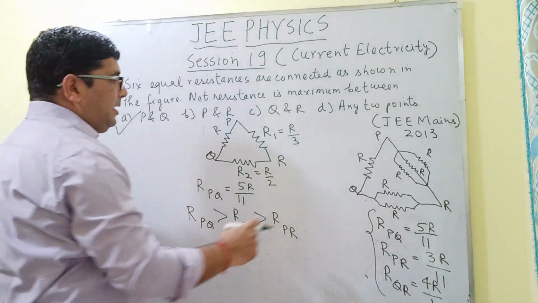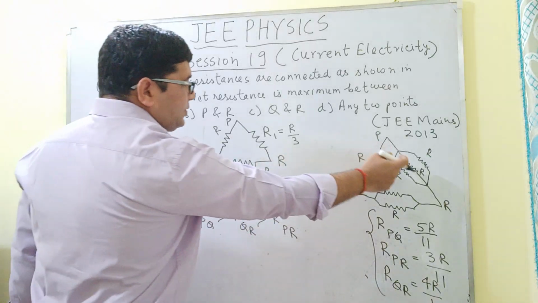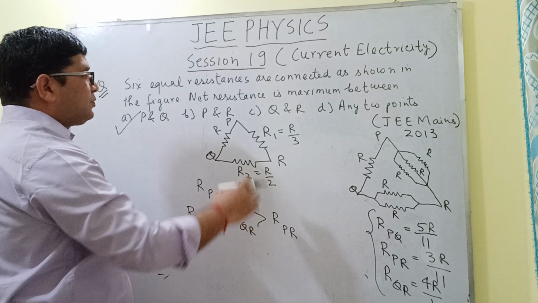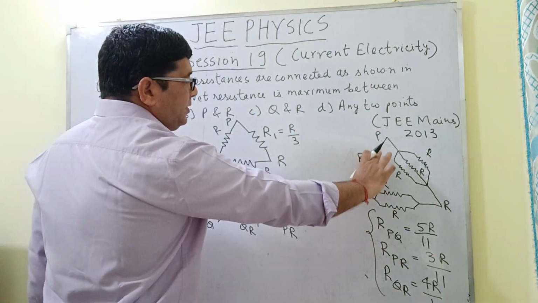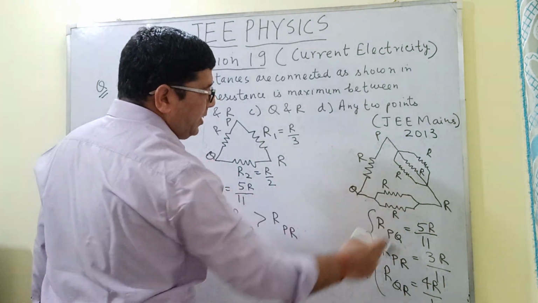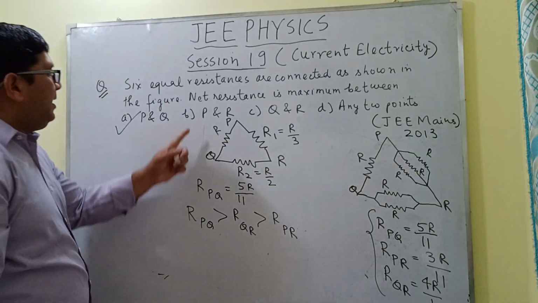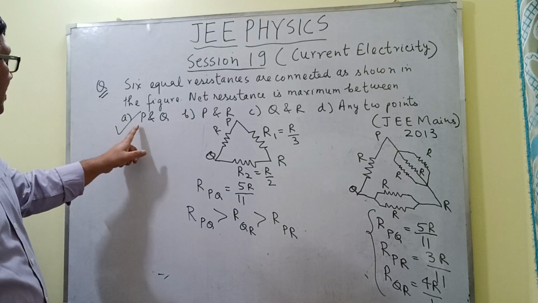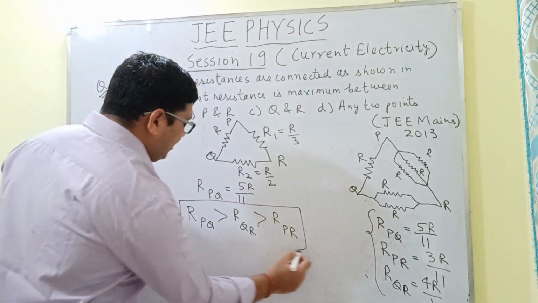After finding these, we were able to find the net resistance between P and Q, P and R, and Q and R, and we got these three values. Finally we found that the net resistance is maximum between the points P and Q.